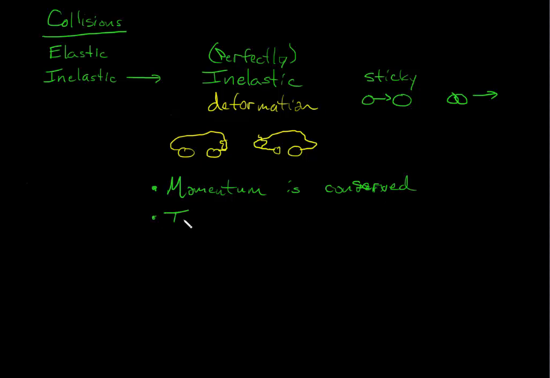But total mechanical energy, so kinetic and gravitational, total mechanical energy is not. Okay? So momentum is conserved, energy is not. That's for inelastic. All right, so let's look at an example.